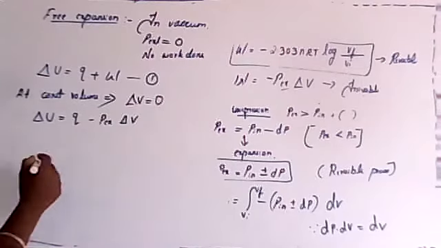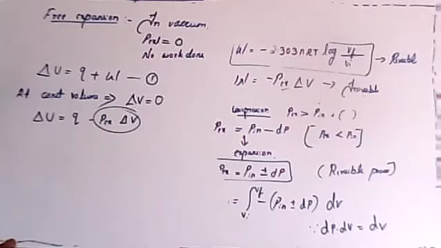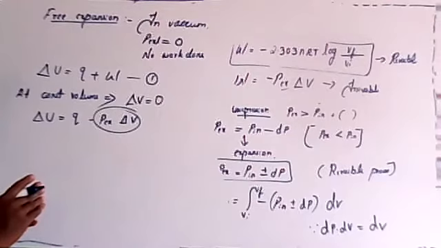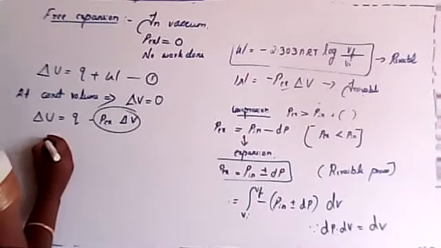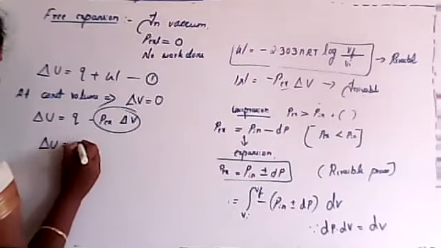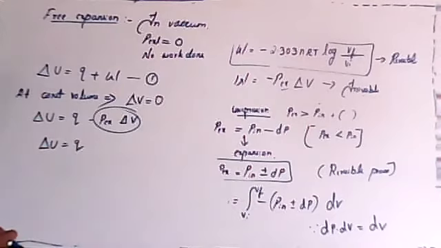So this whole term will be 0, 0 into P external equals 0 itself. Clear? So delta U is equal to Q. This is the first system.